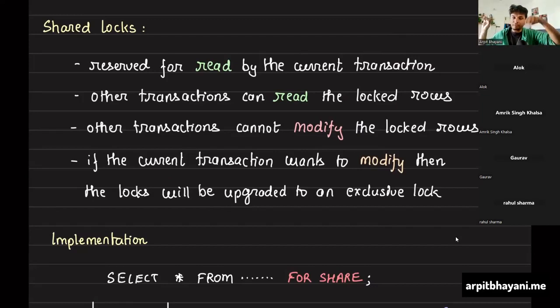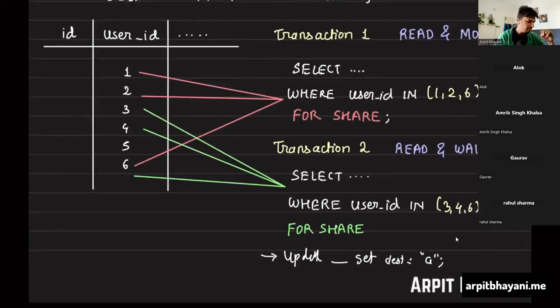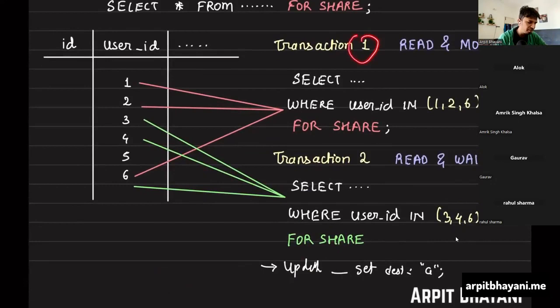Similarly, if it's a shared lock, other transactions are also allowed to read the same row. Which means that when one transaction has a read lock on it, other transactions are allowed to read it. But if another transaction tries to modify this row, it would not be allowed to do so.